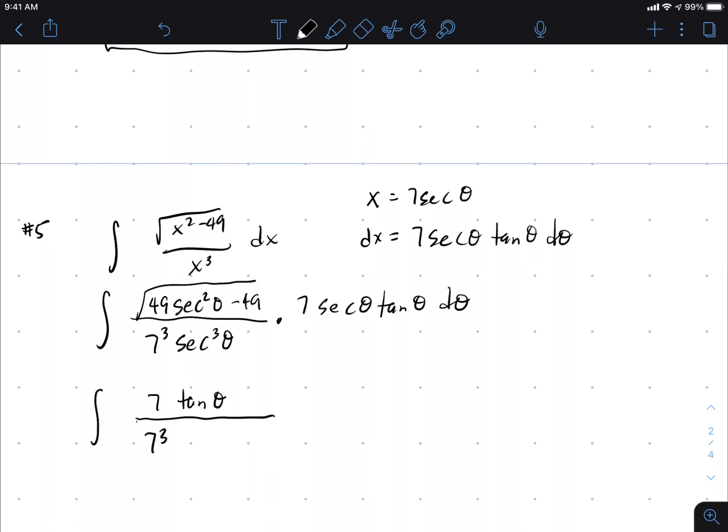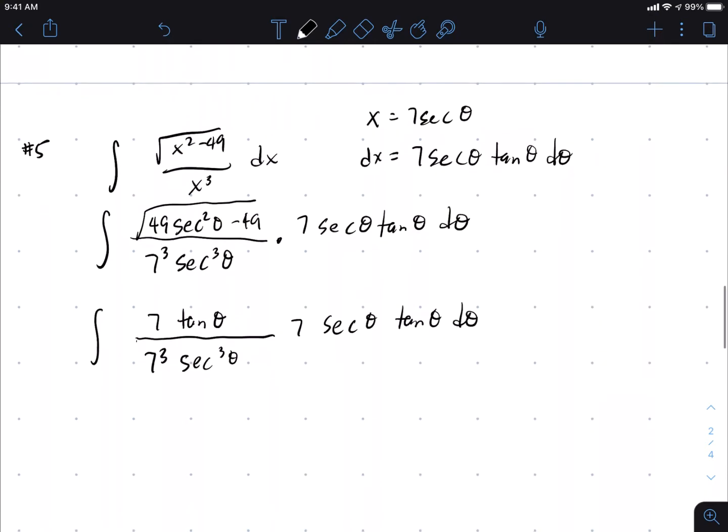So I have 7 cubed secant cubed theta, and then I have 7 over here, secant theta tangent theta d theta. So we can get rid of some 7s, right? So I'm going to have 1/7 out front, and I'm going to have a tangent squared theta over, it looks like a secant squared theta d theta. Agreed?